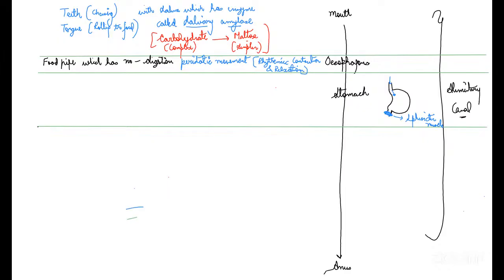Now, the stomach has walls made of cells, and these cells have two roles. The walls of the stomach release HCl, which is hydrochloric acid.